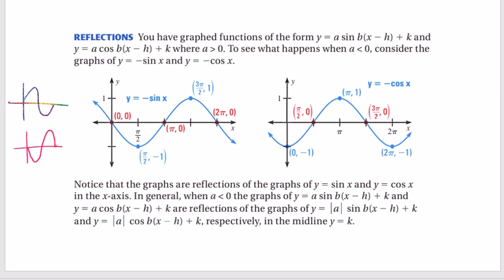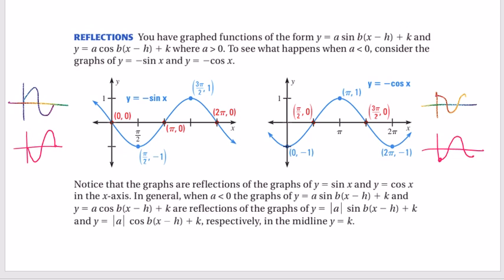Alright, if I have my parent function for cosine, I'm going to be reflecting it over the x-axis. So what was up here now gets reflected, and there is still that curve in there.